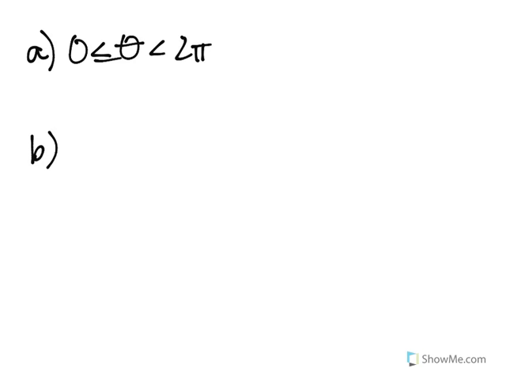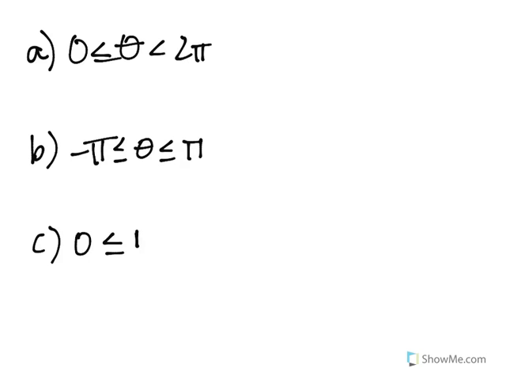Okay, now we're going to do our constraints, our restrictions, whatever you want to call them. So I've got A is 0 to 2 pi. I'm going to write B is negative pi to pi, and then C is 0 to 4 pi.